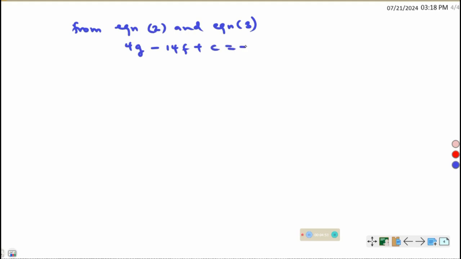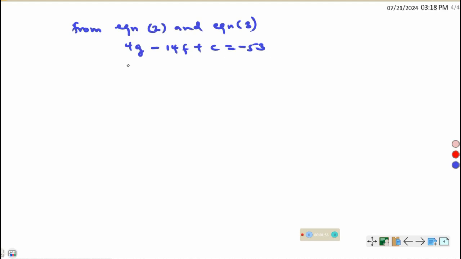So next we are getting equation number 2. So we are saying from equation 2 and equation number 3, we are having 4g minus 14f plus c equaling to negative 53.